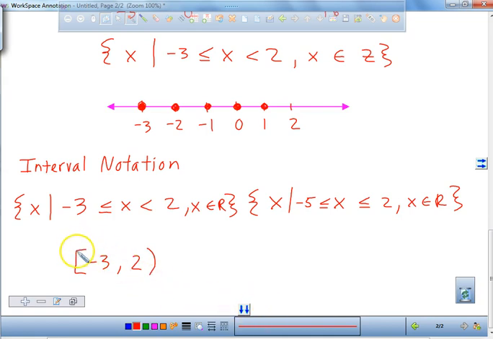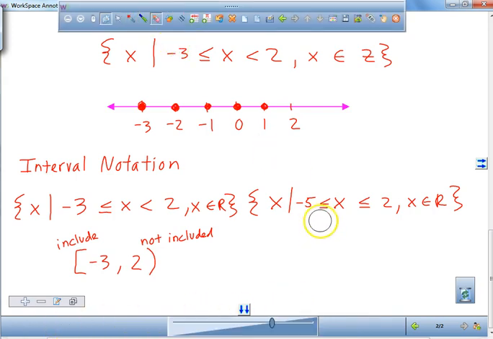Including, not including. So this bracket means the number is not included. This is your answer for this set builder notation. You start at -3 and you end at 2, but you don't include the 2.